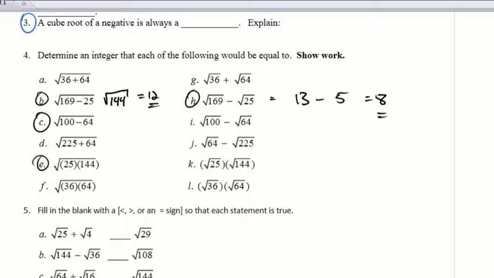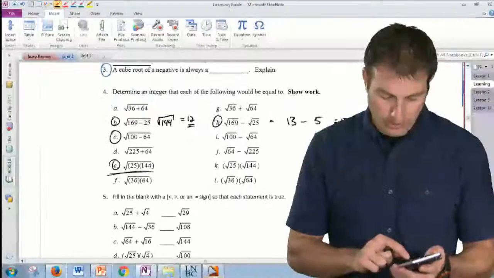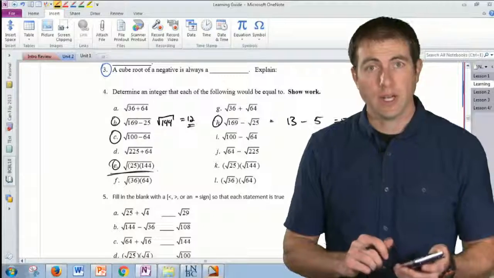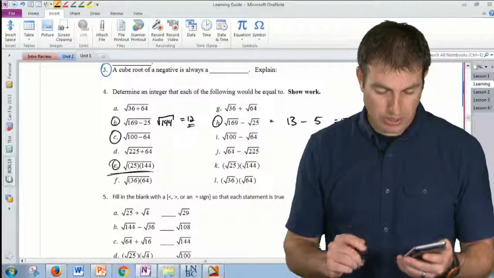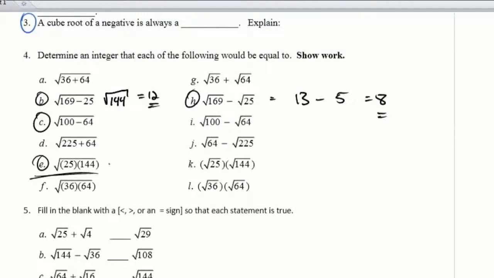But when we multiply and divide, let's see what happens. Down here, 25 times 144 is going to give us 3,600. So I'm going to have the square root of 3,600. If I take the square root of that, I get 60, because I recognize 36 as being a perfect square.